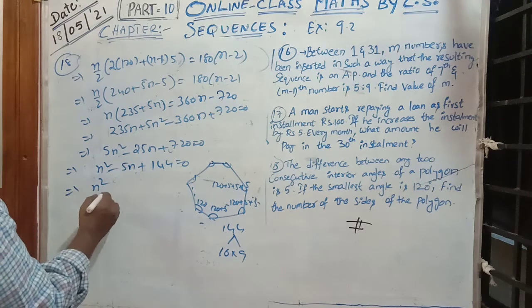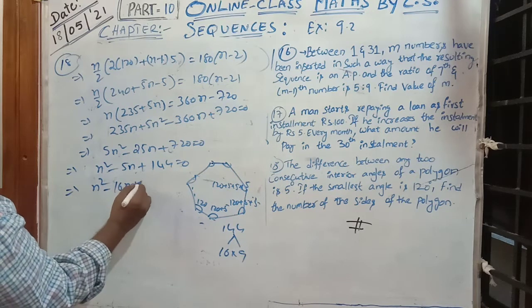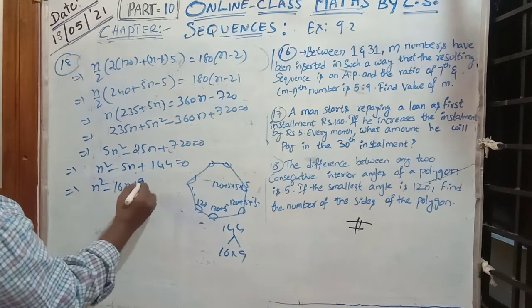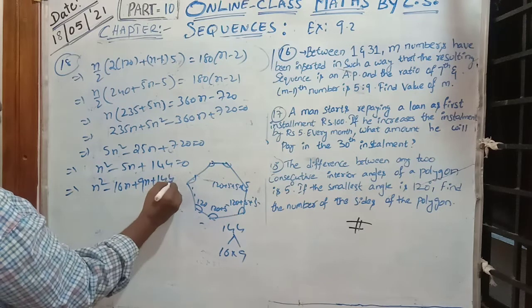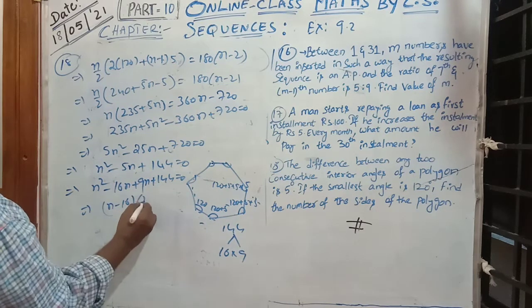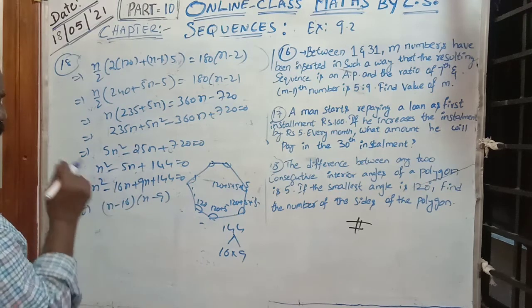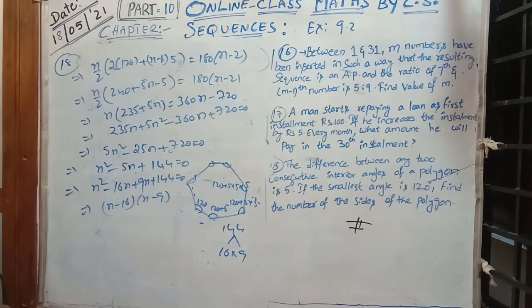We can write n square minus 16n minus 9n plus 144 is equal to 0. That is n minus 16 of n minus 9.